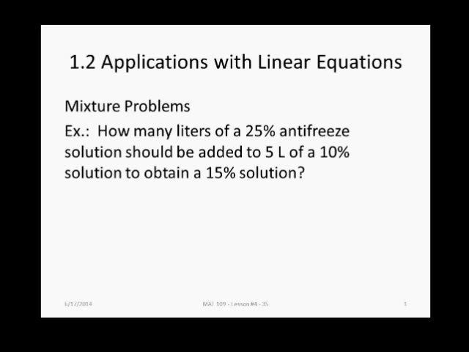So if I add 25% concentration to 10% concentration, I'll get something in between. How much do I need to add in order to get a 15% solution? We're looking for how many liters of 25% solution to add. So let X be the number of liters of the 25% solution.